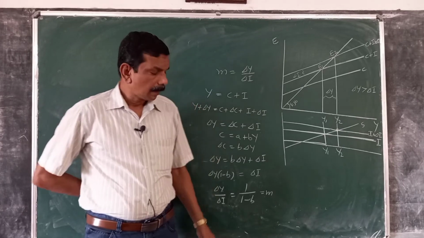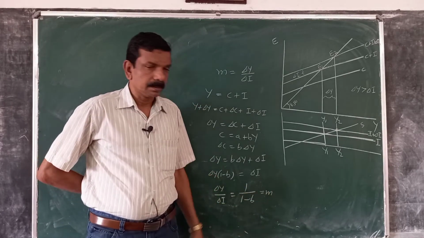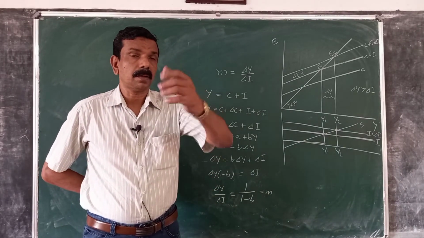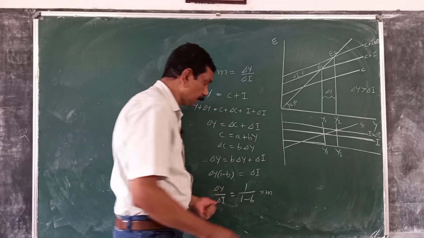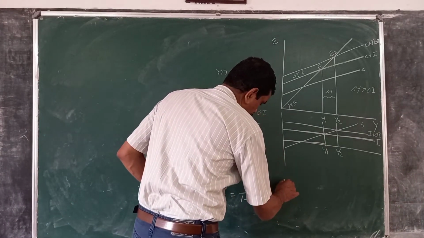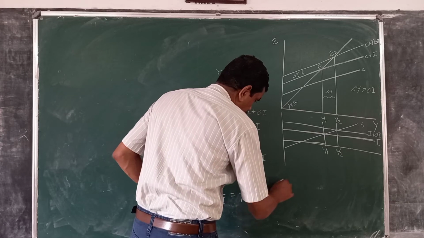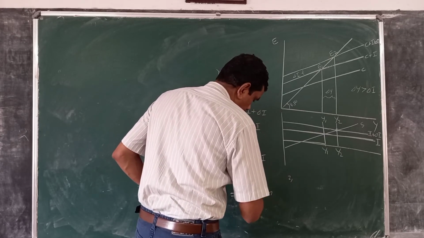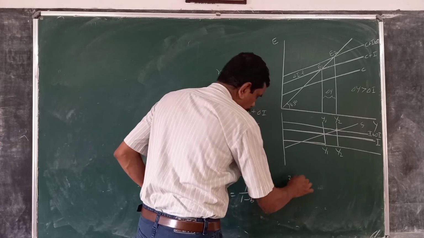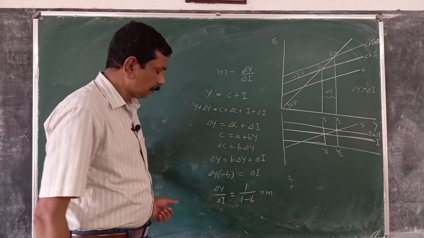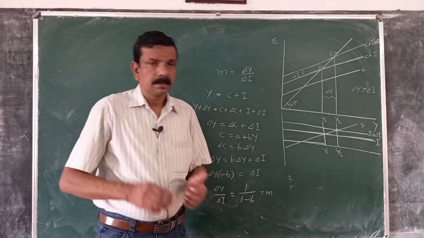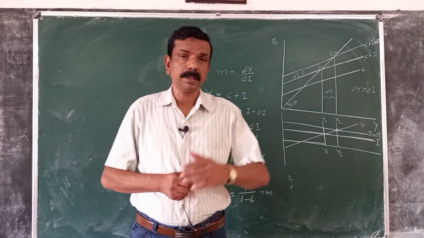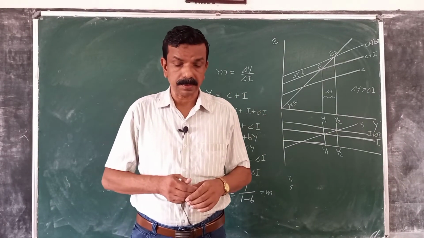That is, the larger the value of MPC, the larger will be the value of the multiplier. For example, if MPC is 0.5, the value of the multiplier is 2. If MPC is 0.8, the value of the multiplier is 5. So as the value of MPC increases, the value of the multiplier also increases.